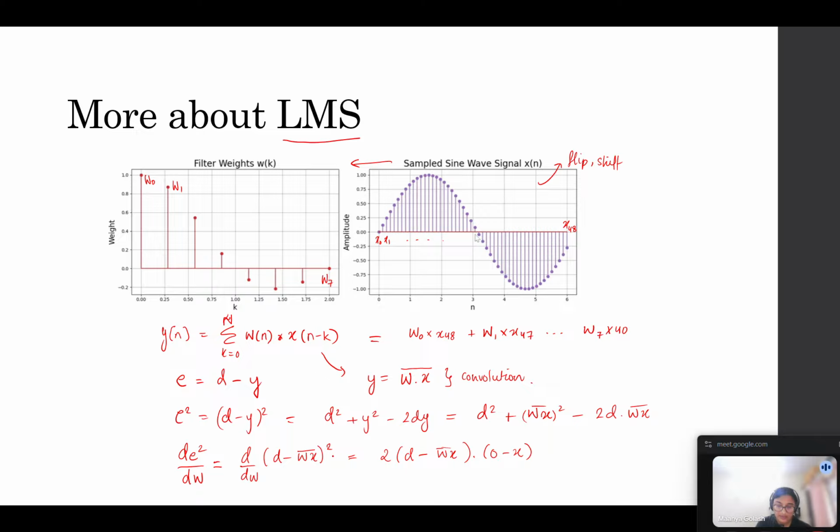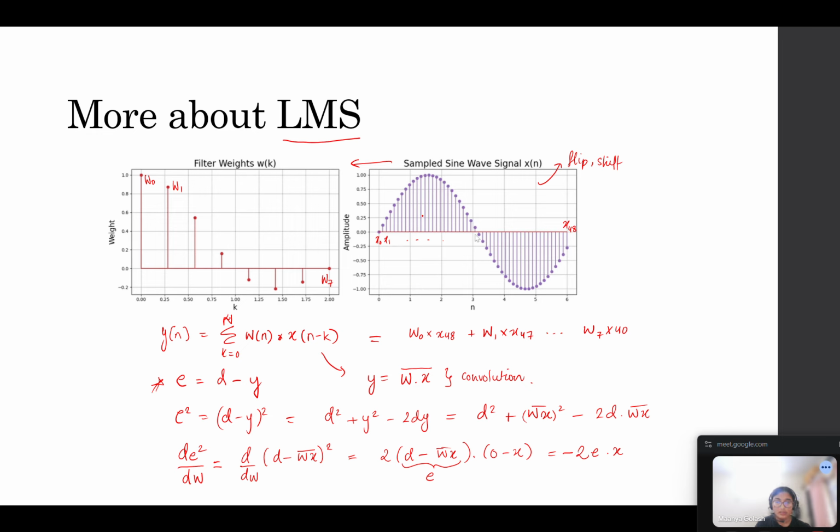Why 0? Because the desired signal is independent of the filter weights. So here, d minus wx is the same as the error signal mentioned before. So we have minus 2 times error into the input signal.